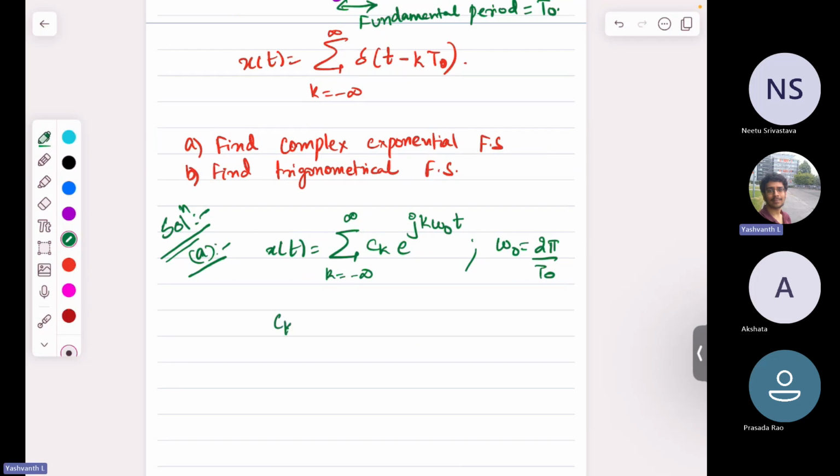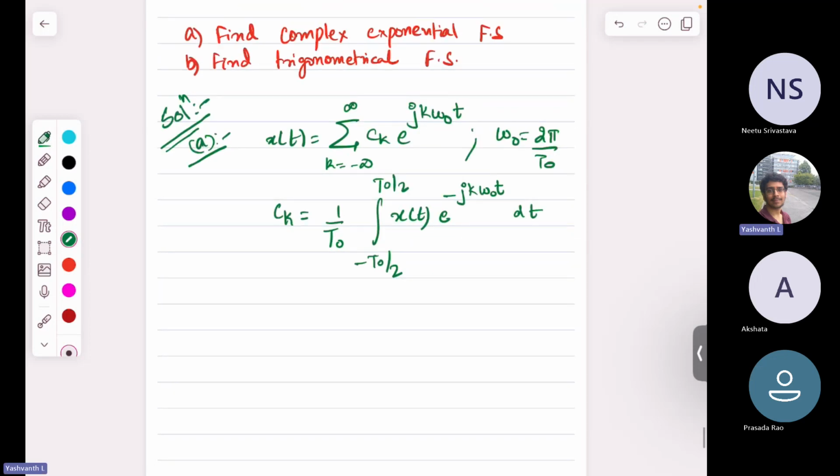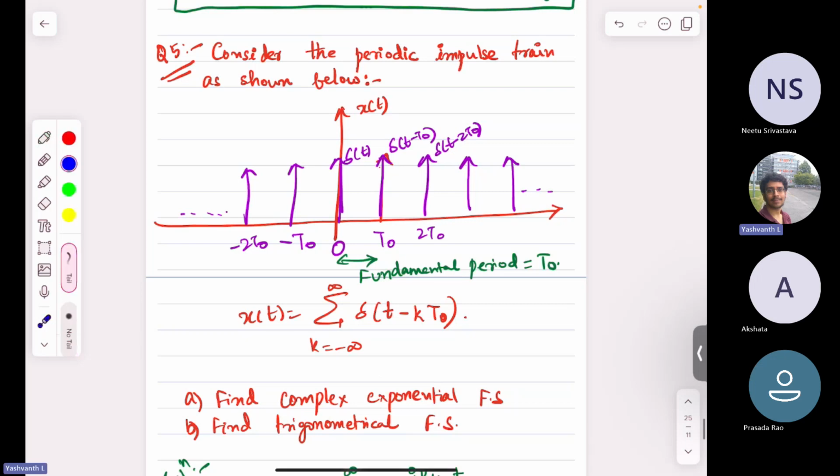What is c_k? Just go back to the expression: 1 by T naught, integral from minus T naught by 2 to plus T naught by 2, x of t into e raised to minus j k omega naught t dt. But between minus T naught by 2 to plus T naught by 2, what is x of t? I'm only considering this region. In this region, there's only one impulse, delta of t.